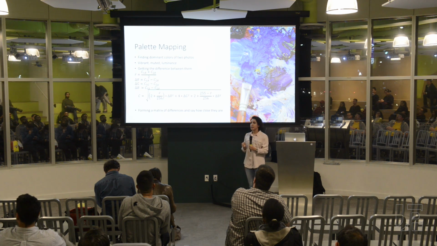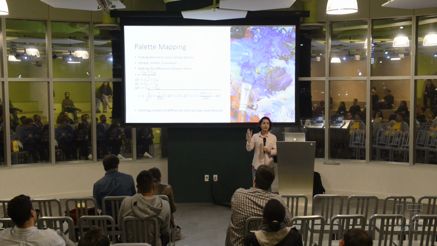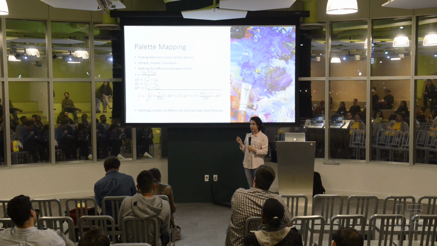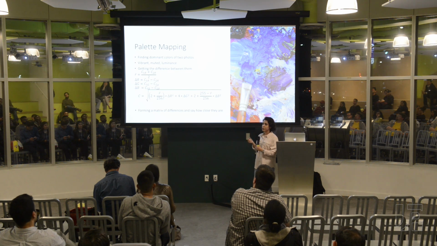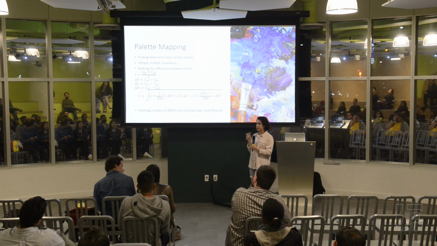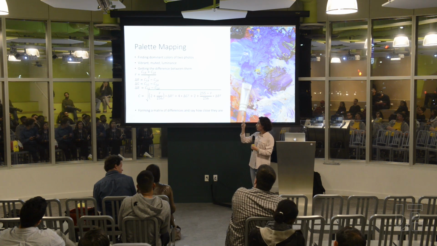For doing that, suppose that you have two photos, and there is a way to extract the dominant colors of each photo. If you have the dominant colors of two photos, and you can compare the paired ones with each other, then you will find a solution to find the difference between two colors. There are many kinds of solutions for finding the difference between two colors, but one of them is right here.